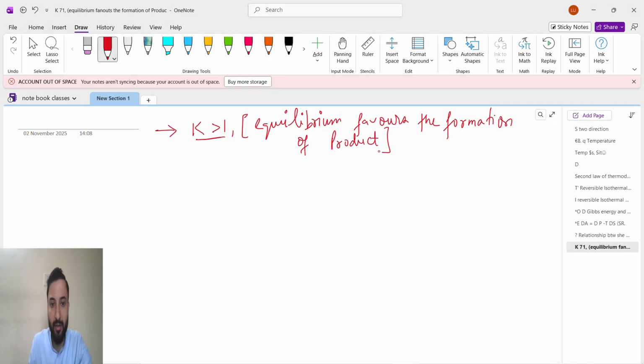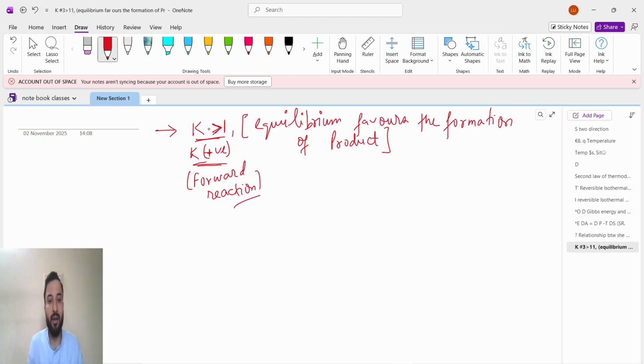They can write if K is greater than 1, or they can write if K is positive. It indicates the forward reaction. If K is greater than 1, K is positive, it is going in the forward direction.